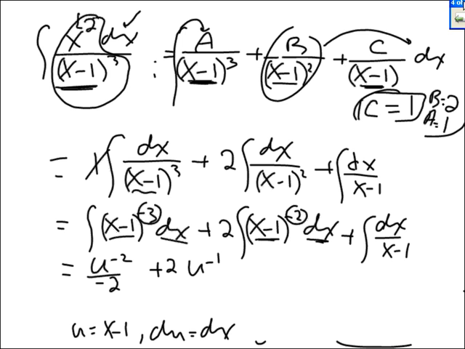Well, add 1 to the power, divide by that power, plus, this is du over u. The integral of du over u is ln of the absolute value of u, plus c. Okay, we clean up and we substitute back x minus 1 for u.